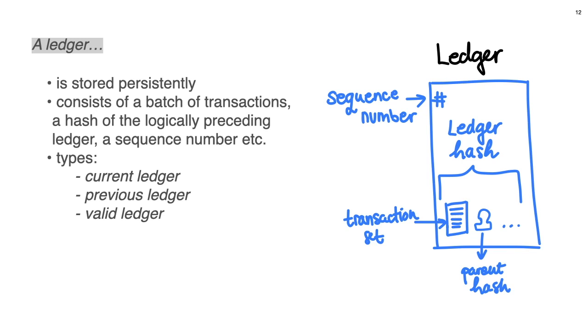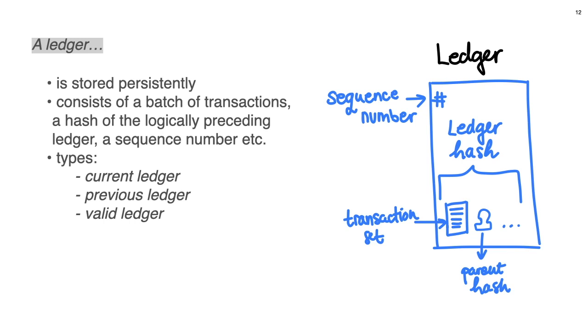We start with a ledger, which roughly plays the role of blocks in other blockchain protocols. A ledger is stored persistently. It consists of a sequence number, a batch of transactions, a hash of the logically preceding ledger, and its own ledger hash.